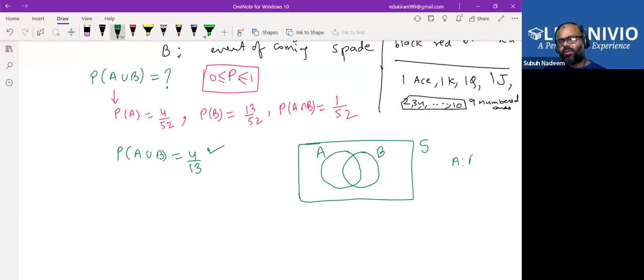So A is ace set and B is spade. Now, how many elements will be there in ace? 4, right? Yes, sir. So out of those 4, 1 will be common with the spade. So 3 will be here, 1 will be here.